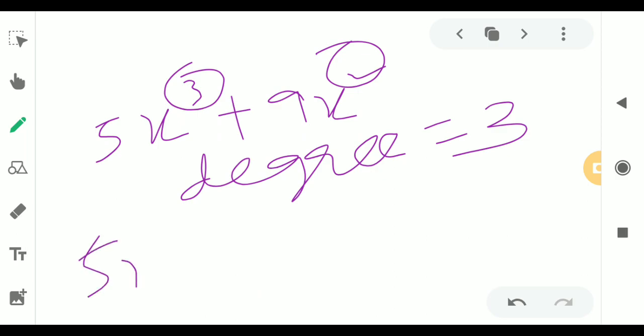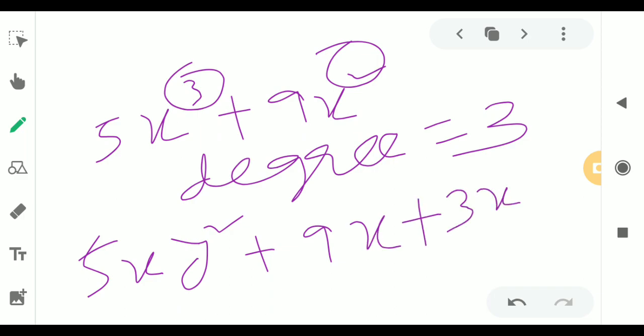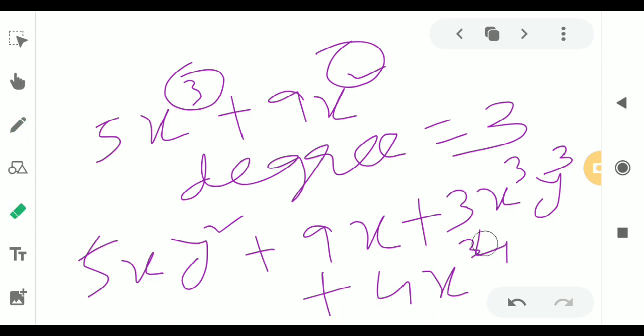So if we ask 5xy square plus 9x plus 3x cube y cube plus 4x to the power 5 y, what should be the degree?